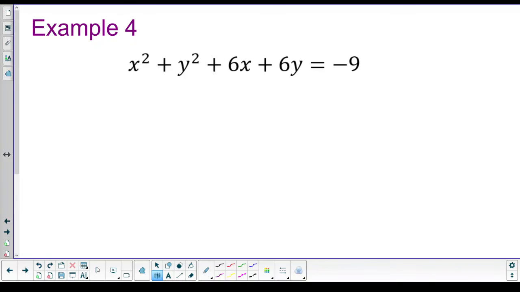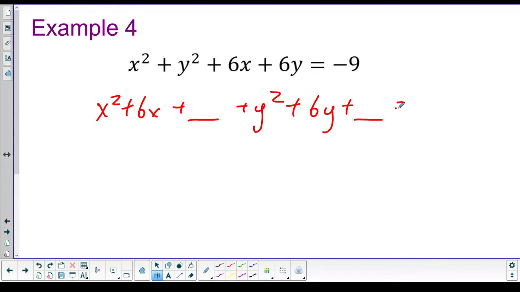So let's do the completing the square process one more time just so you get the full set of notes. So we have x squared plus 6x plus blank plus y squared plus 6y plus blank equals negative 9. Complete our square. x and something squared: half of 6 is 3.